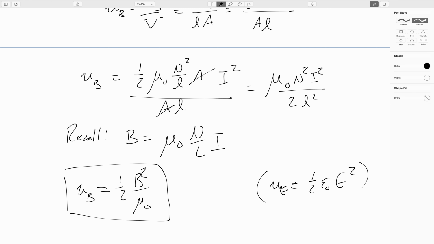And again, like when we did this for the electric field, I'm going to assert that even though I only did this for the magnetic field inside an ideal solenoid, the result is true in general.